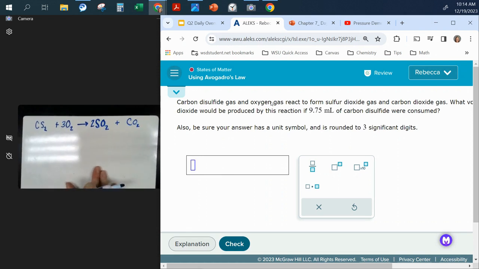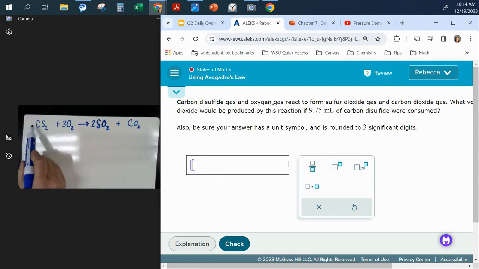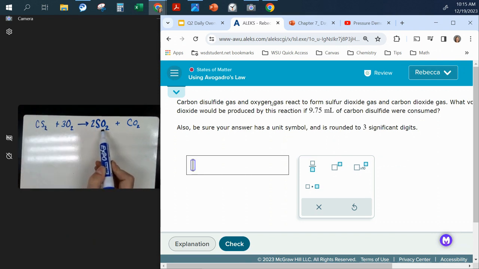So now we are used to saying if I have 1 mole of carbon disulfide, I should get out 2 moles of SO2. So we are used to doing moles to moles. This is the same thing, but with liters. If it's a gas, then we can use the coefficients to figure out how much we should produce or how much we need to start with.